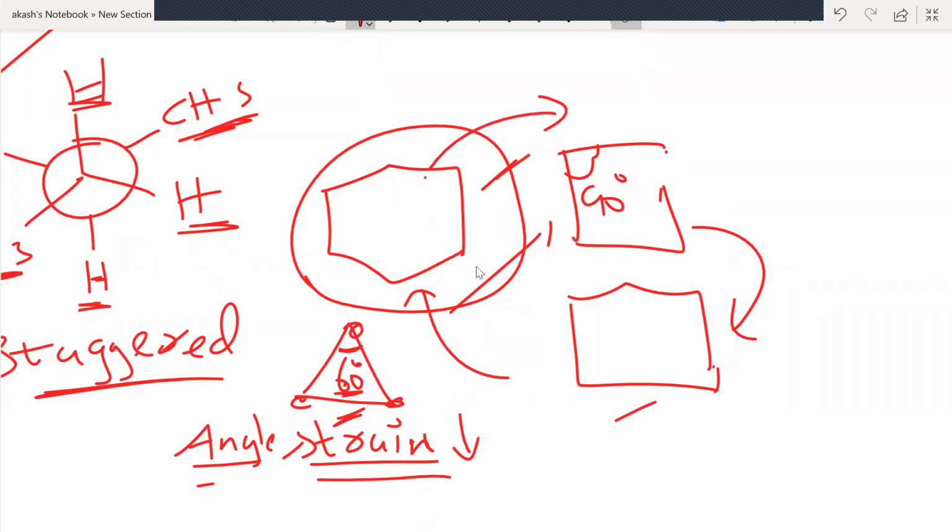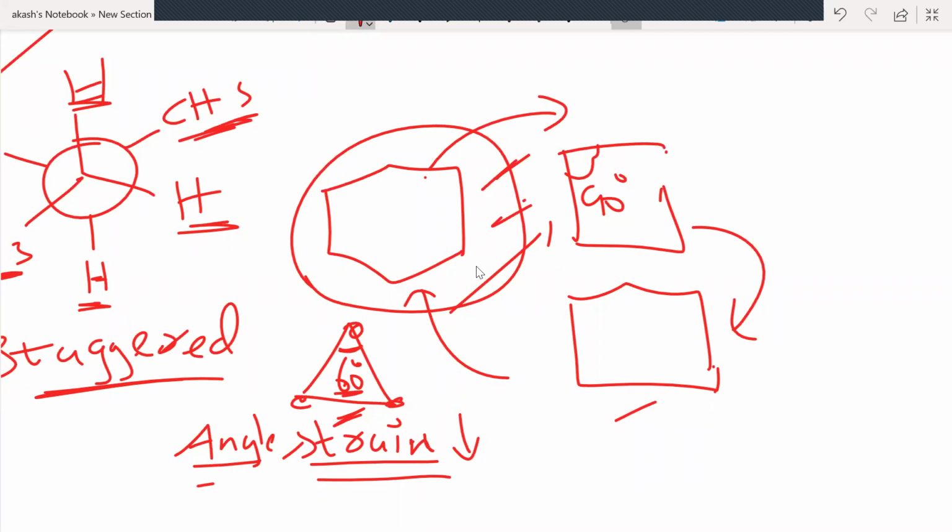When I go to a 7-membered ring, that is going to have a bond angle greater than 109 degree 5 minutes. Again, that is unstable. In all the previous cases, the bond angle is lesser than the required bond angle until 6.